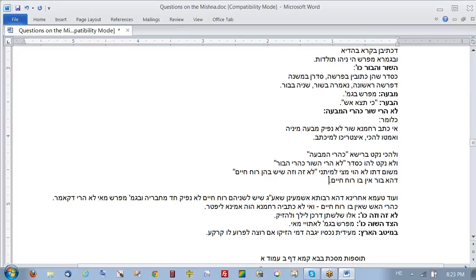Lo Hari Ashor Kahari Habor. In other words, let's play the theoretical opposite. Well, you couldn't say that because bor doesn't have ruach chaim. So you couldn't have then further said the next statement in the Mishnah.